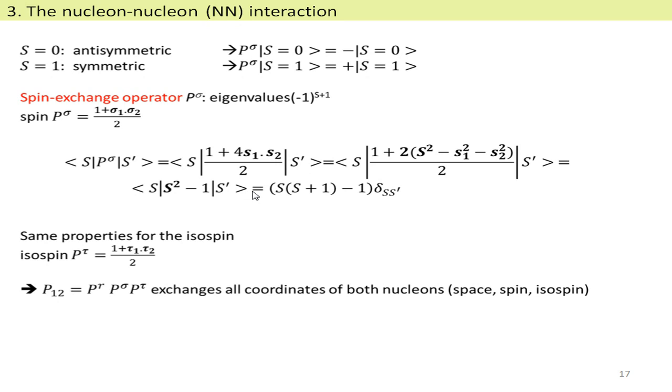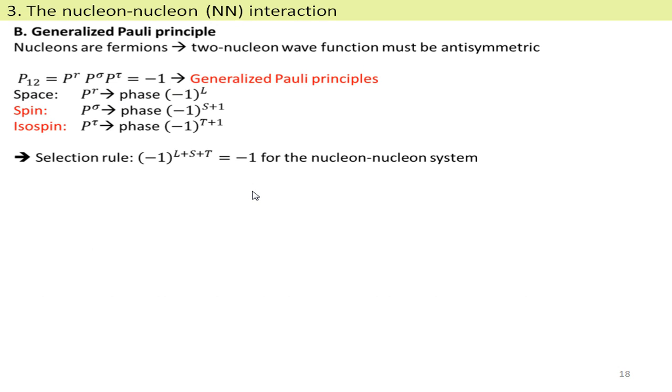And then if you combine everything, you end up with this operator P12, which exchanges the two nucleons. So there is a space exchange, spin exchange, and isospin exchange. This operator, P12, is written as a product of three operators: P R, which exchanges the space coordinates, P sigma, which is written here, and P tau, which is written there.